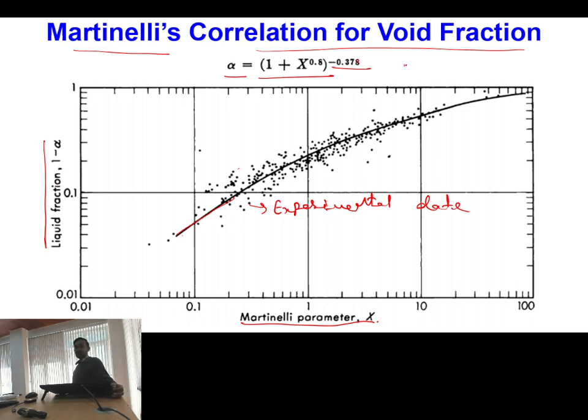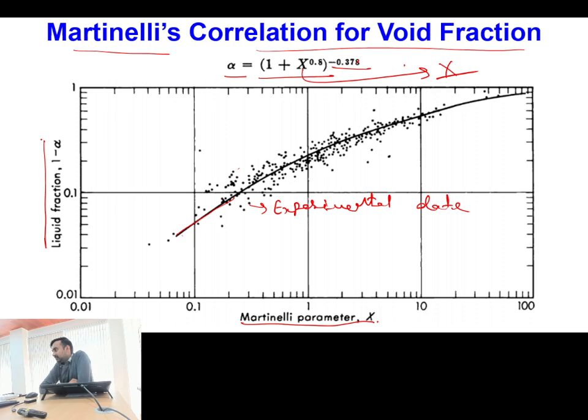The meaning of this is that if you somehow know the value of x, your Martinelli parameter, then by simply using this chart you can calculate the corresponding value of liquid fraction or gas fraction. Is this point clear?